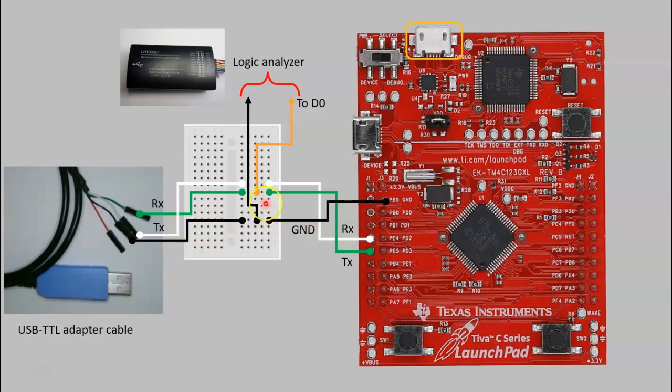And then the TX pin of the TM4C series board is connected to the D0 channel of the logic analyzer, and the ground pin is also connected to the logic analyzer. All right, so this is the connection. Oh, and not to forget the USB power connector, which is up here. So don't forget to connect that.